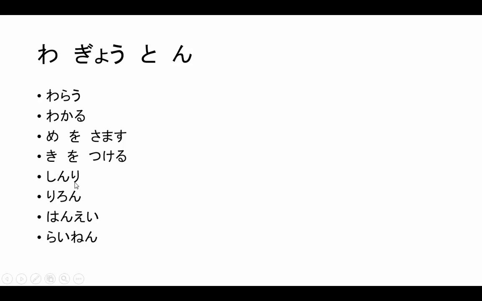Okay. Shinri, right? Han-e. Notice this unique spelling. Han-e versus han-e. Okay, so there's more than one thing you could write that would have basically the same sound, sort of.